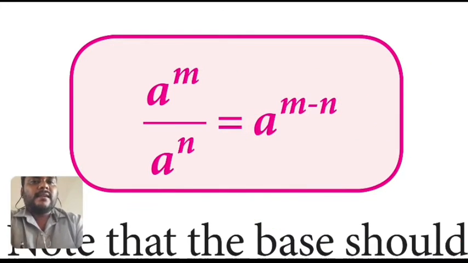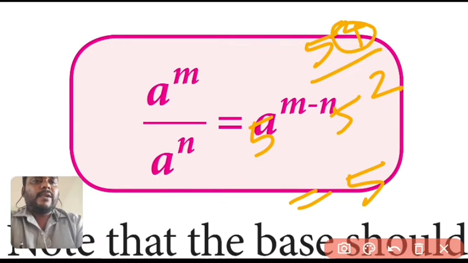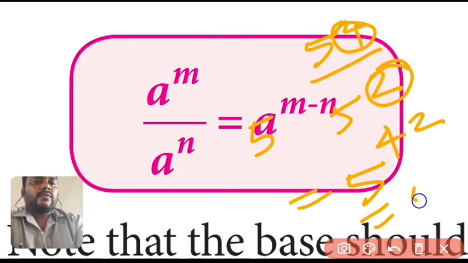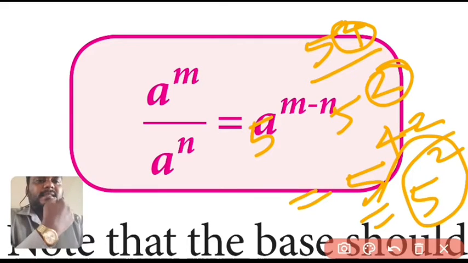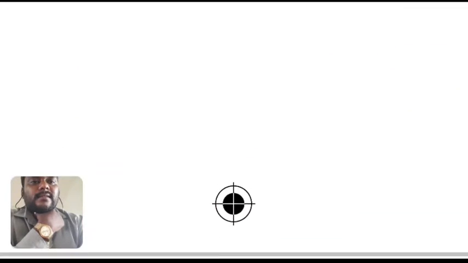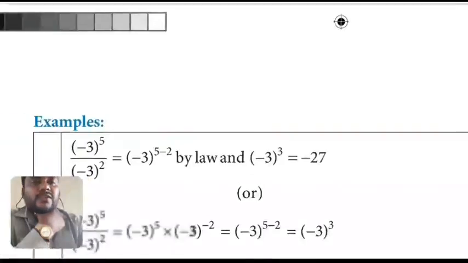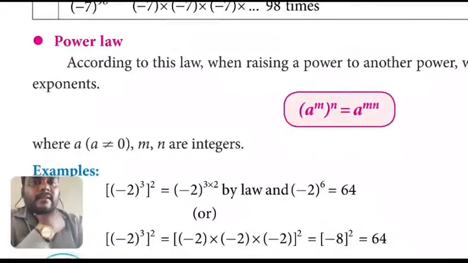Otherwise, 5 power 4 by 5 power 2 equals 5 power 4 minus 2, the numerator power minus the denominator power, so 5 power 2 is the answer. Before that we saw multiplication, the product law; this is the quotient law. Next they give some examples for the product law and quotient law.